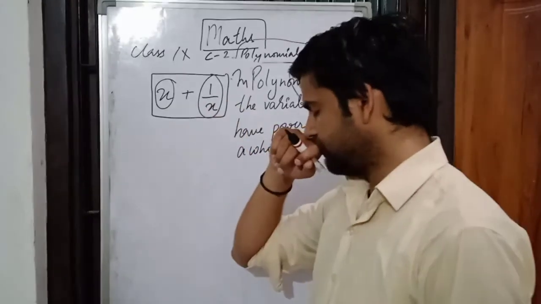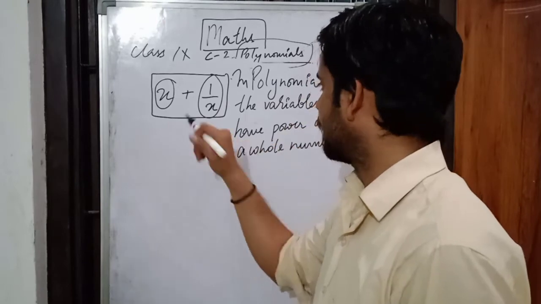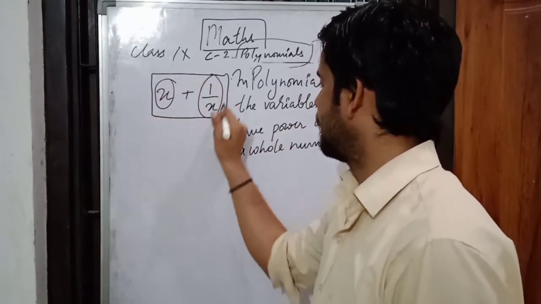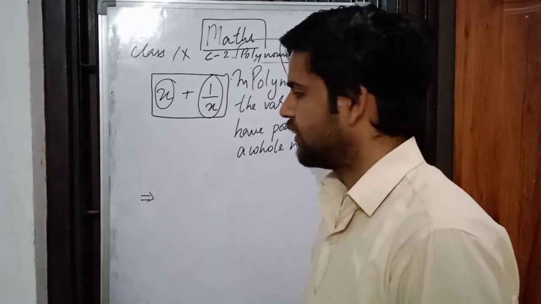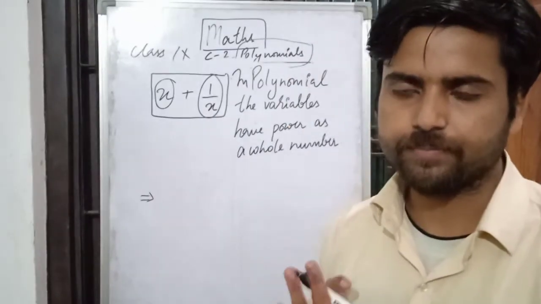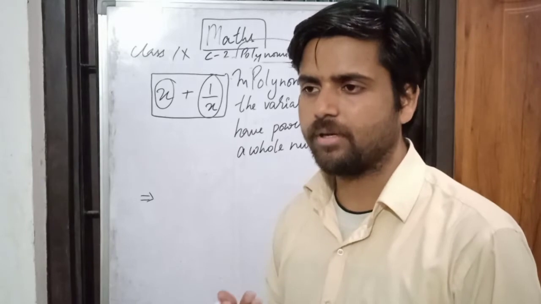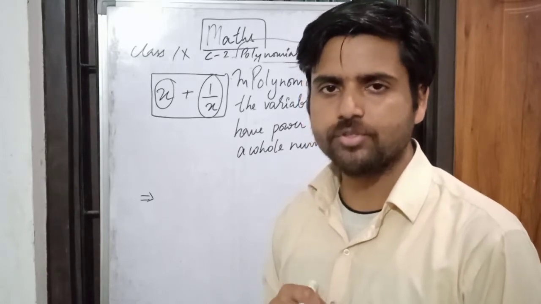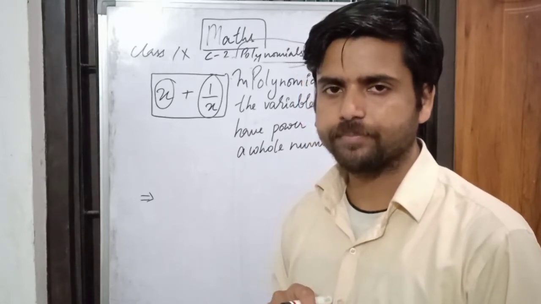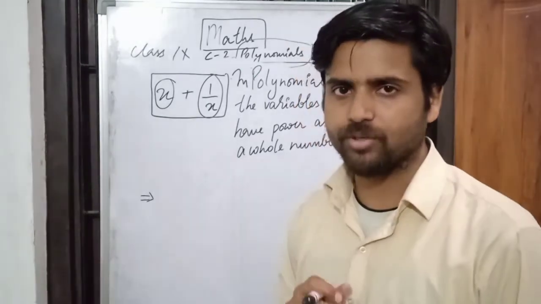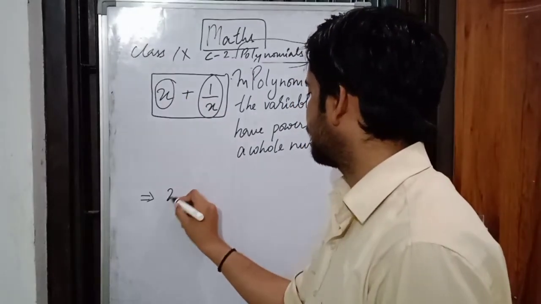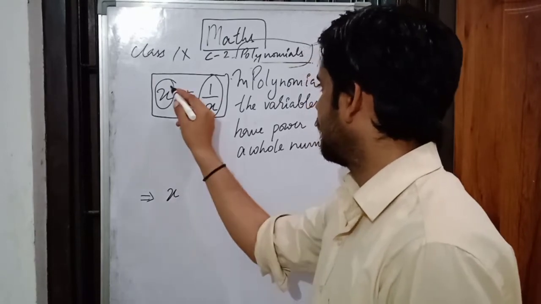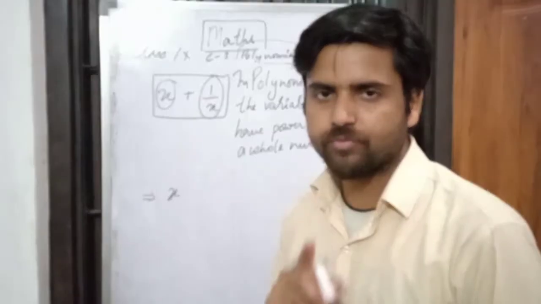So here we'll see whether this expression is a polynomial or not. You have to first write everything in the numerator. Means all the variables should be written in the numerator if they are in the denominator. Here x is already in the numerator. What is the power here? If nothing is mentioned in the power, then you have to take it as 1.